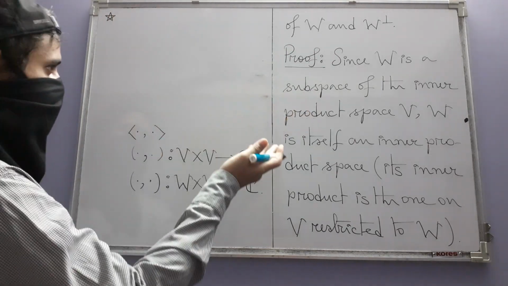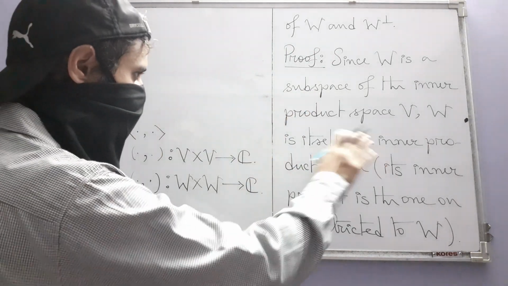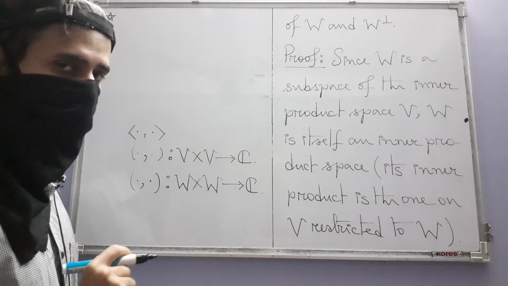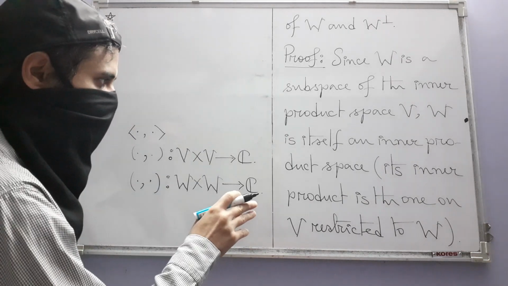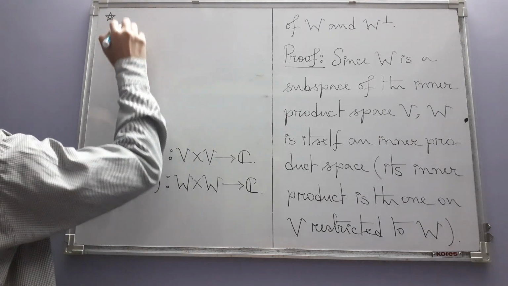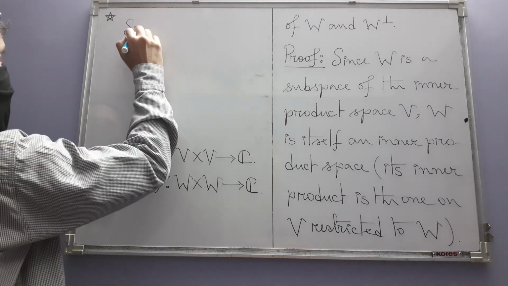But also it's given that V is not simply an inner product space but a finite dimensional one. So being a subspace, W is also finite dimensional.